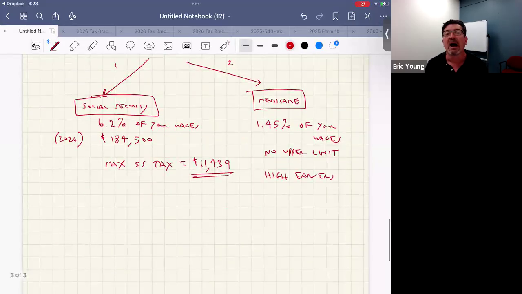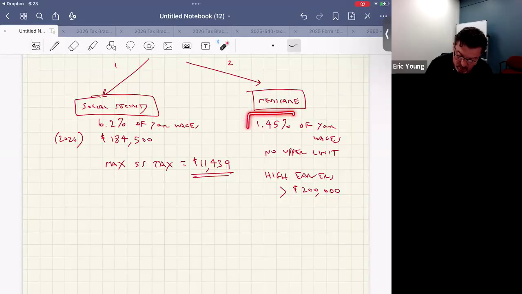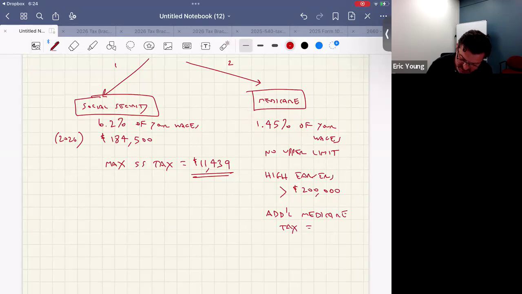So if you're a high income earner, which means under current tax law that your income is greater than $200,000, in addition to your base 1.45%, you're also going to pay what is known as the additional Medicare tax, which is equal to 0.9% of your wages over $200,000.